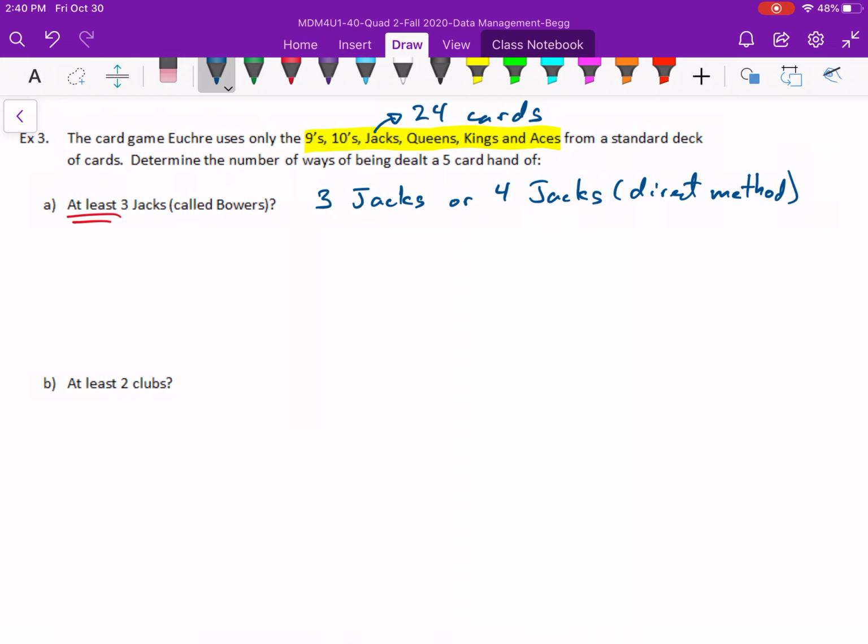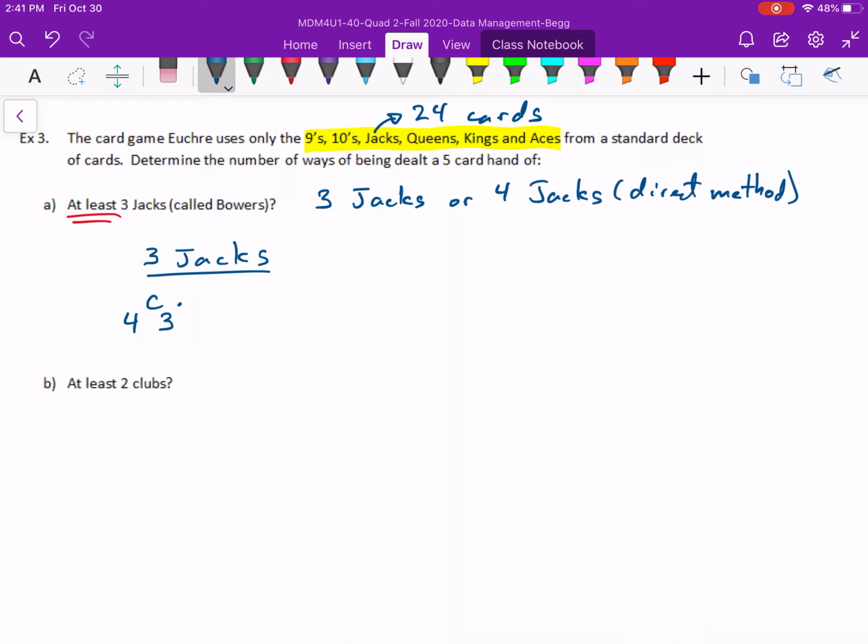So 3 jacks, I'm going to set it up like this, almost like a little table. To get 3 jacks, there's 4 jacks to be had, and we want 3 of them. So 4 choose 3. As we saw with the Lotto 6/49 problem from the previous lesson, we still have to account for the ways for the other cards, the things that we don't want.